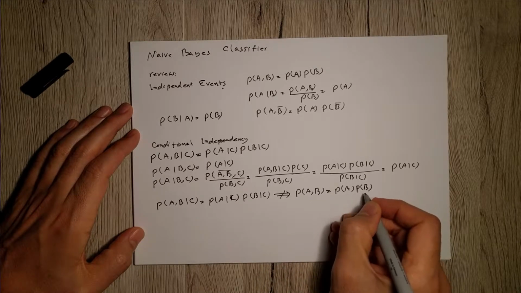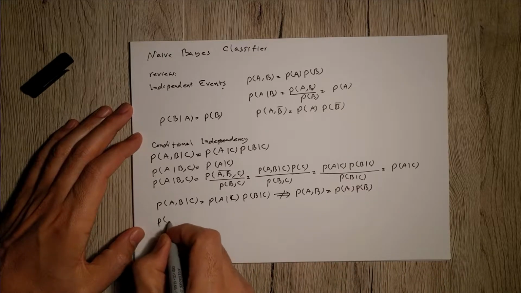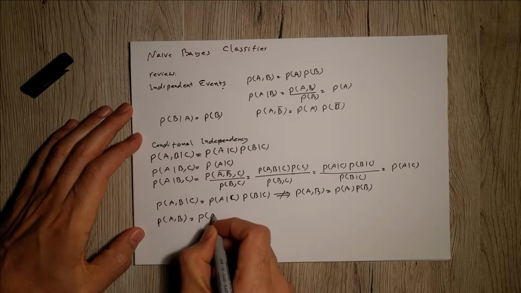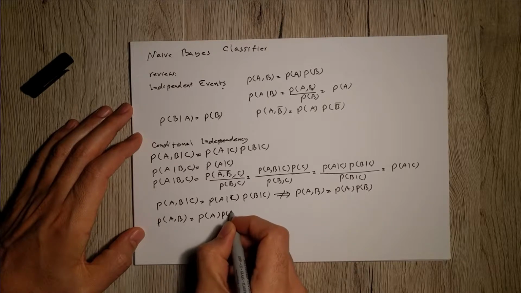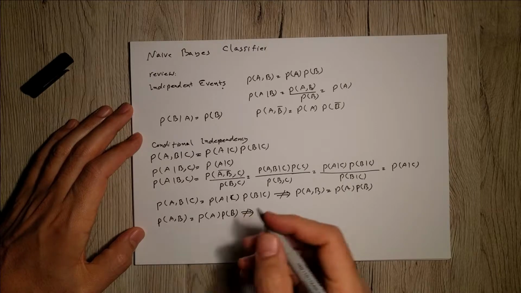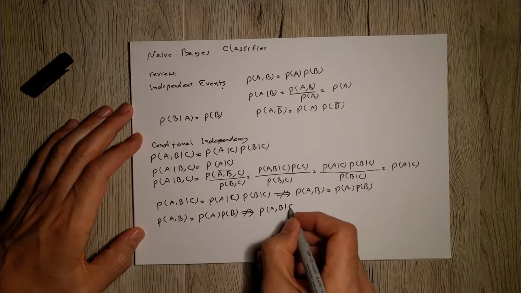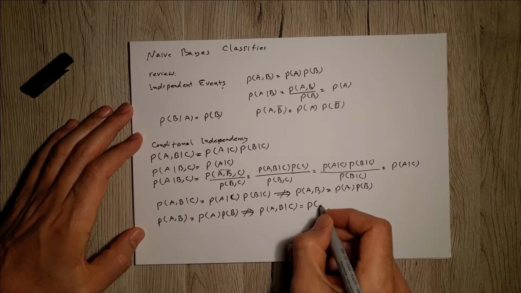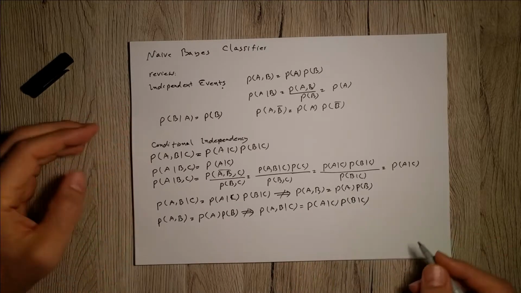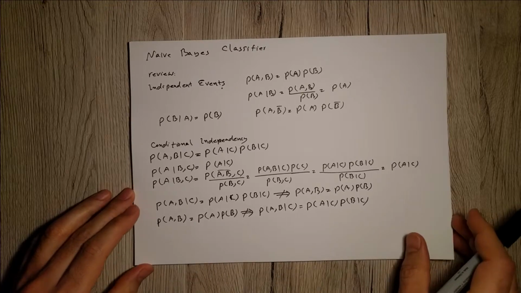And also, if A and B are independent of each other, it doesn't necessarily mean that A and B are independent given C. So this should be taken into account. Just keep in mind that this is not always true. You have to be careful.